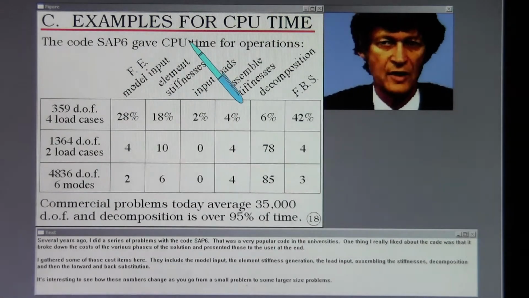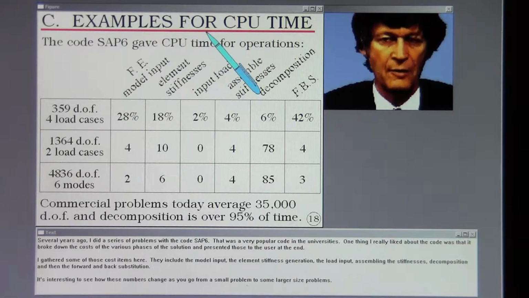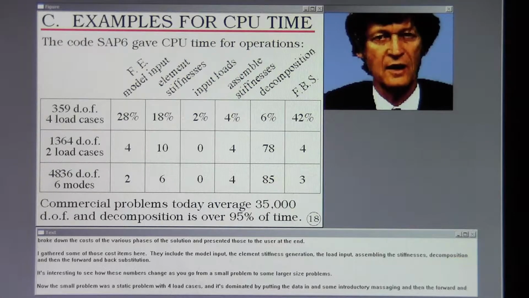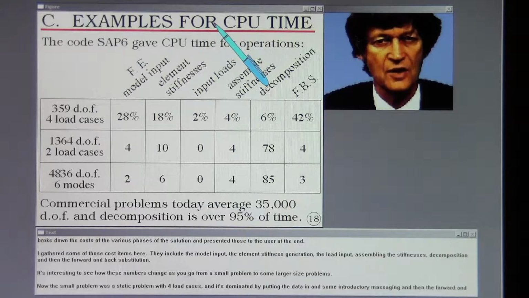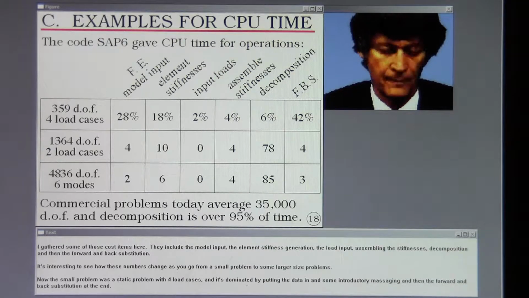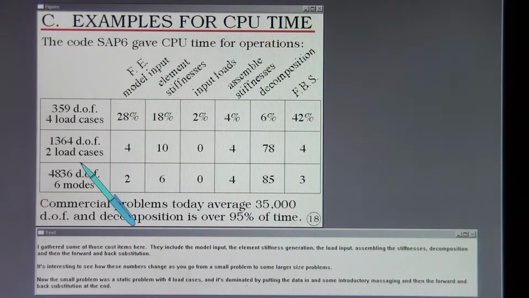Several years ago, I did a series of problems with the code SAP6. That was a very popular code in the universities. One thing I really liked about the code was that it broke down the costs of the various phases of the solution and presented those to the user at the end. I've gathered some of those cost items here.